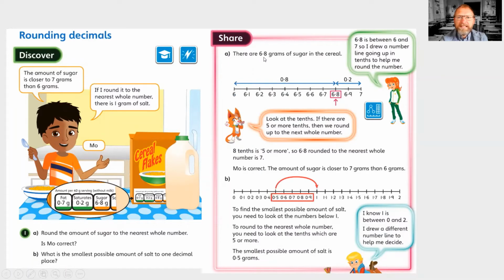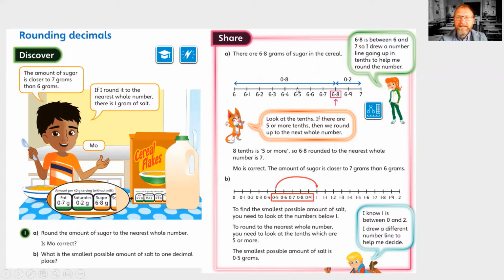Question A, there are 6.8 grams of sugar in the cereal, and we can see it there on the number line. Now, the nearest whole numbers, okay, we can round up to 7, or we can round down to 6.